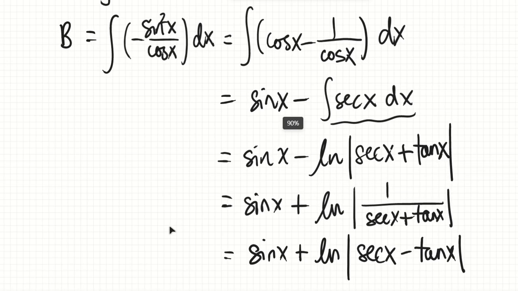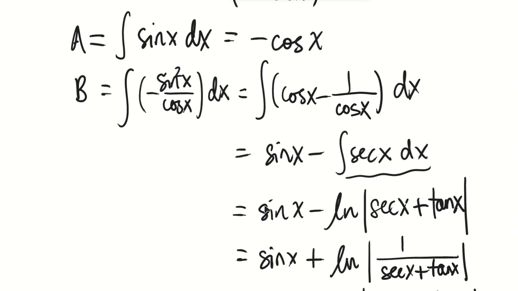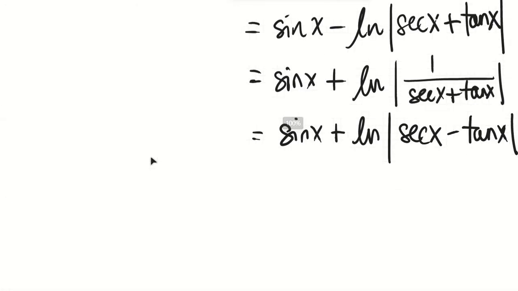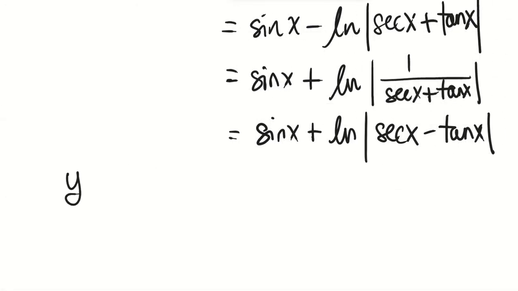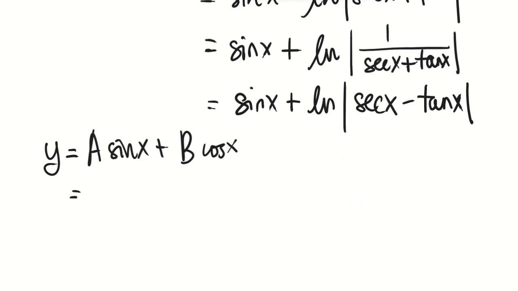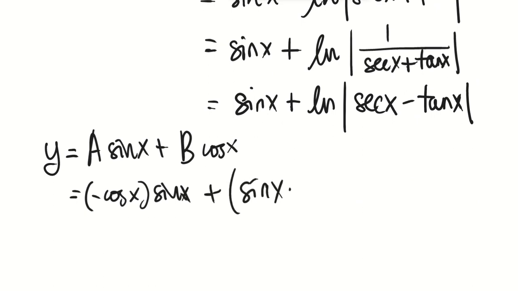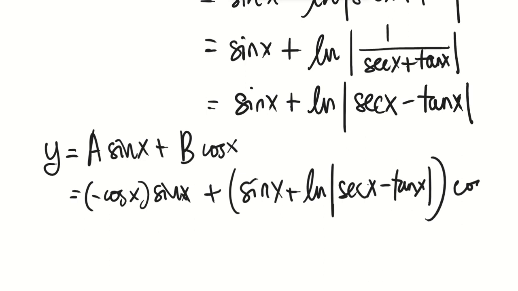Now we just found examples of a and b. So we just plug it back in and we can find a particular solution. So y is a sine x plus b cos x. We know what a is. A is minus cos x. And b is this very long expression times cos x.